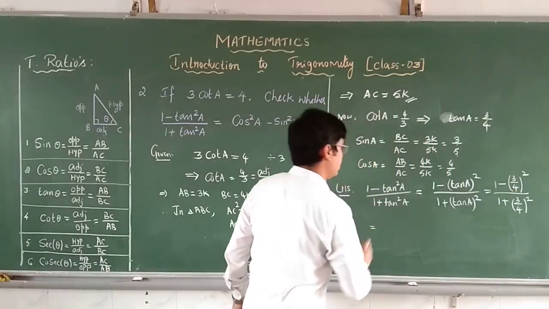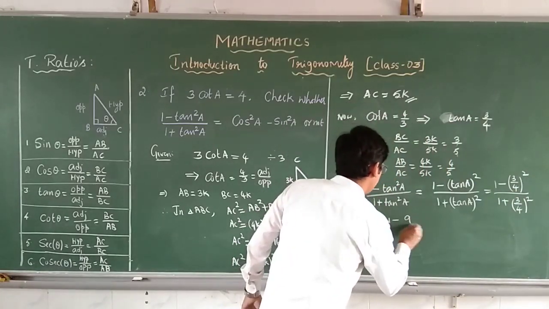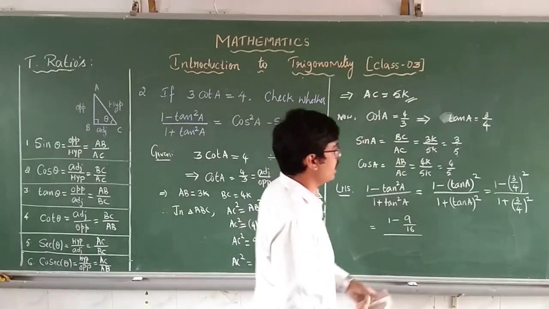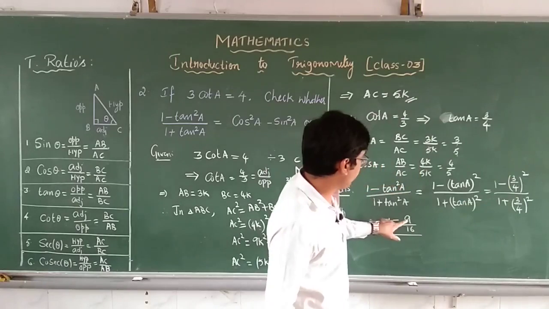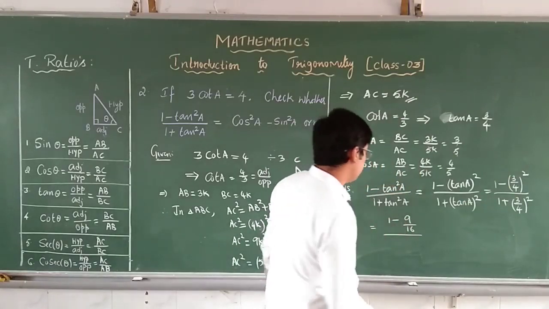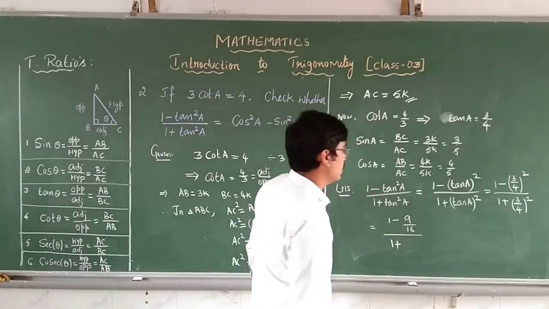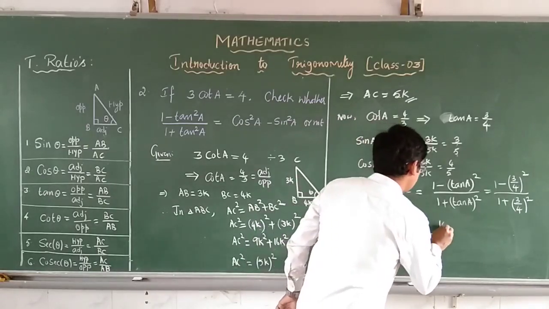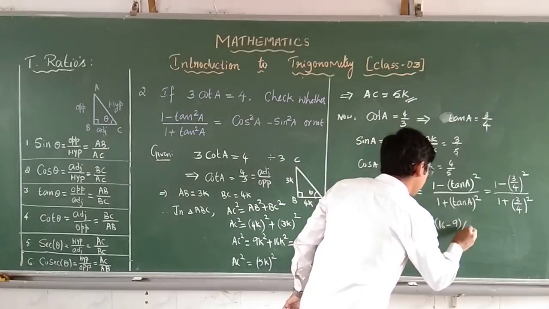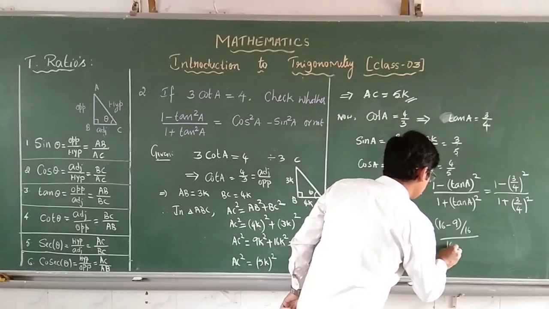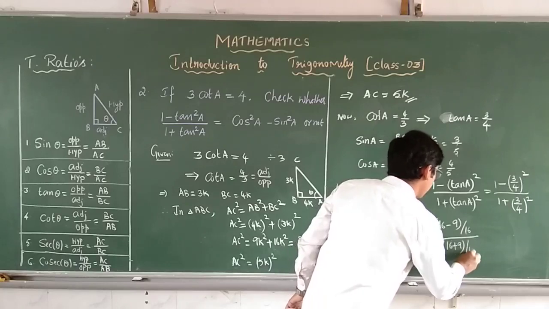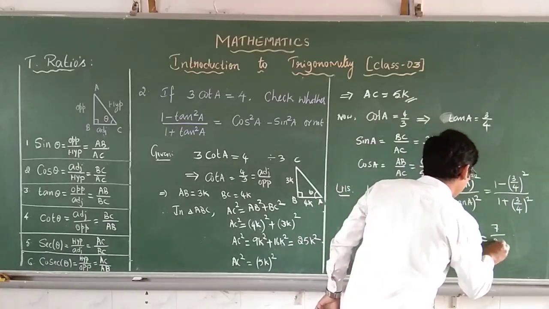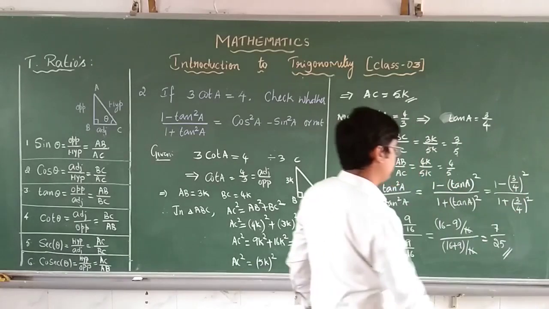On simplification, A by B whole square is nothing but A square by B square. 3 square is 9, 4 square is 16. Now we get 16 minus 9 divided by 16, over 16 plus 9 divided by 16. 16 will get cancelled. We will get 7 divided by 25 as the result.